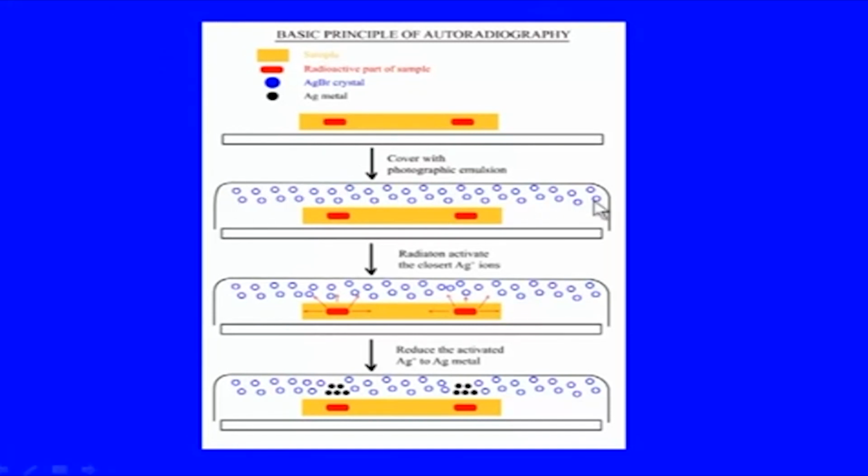You have covered it with nuclear or photographic emulsion, and as the radioactive source emits radiation or particles, like a beta particle, it will interact with these grains, shown as round grains here. Once they interact, the grains are activated on exposure and are sensitive, meaning they are ready to be developed, and when you develop, the blackening of the film is seen in here.